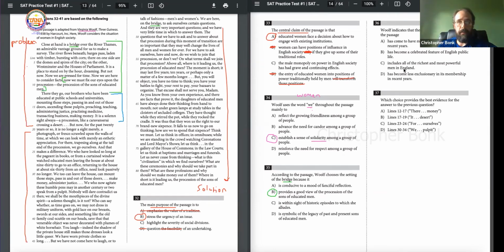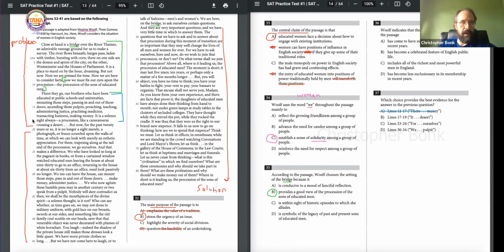It does have men in England there, but as far as rich and powerful, not all of those are going to be rich men. You know, they mentioned some like teachers and preachers, not necessarily professions with a ton of money in. D, has become less exclusionary in its membership in recent years. Nothing about that is said right here because it's just about the men, the brothers who are doing it. So this one doesn't line up. We could cross that out.